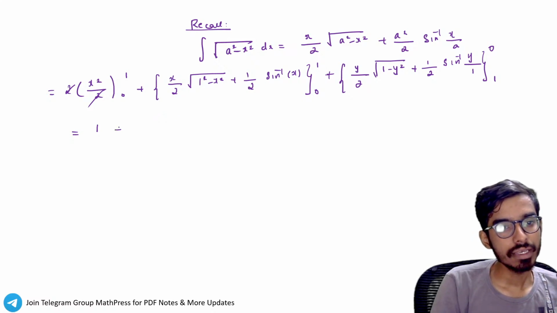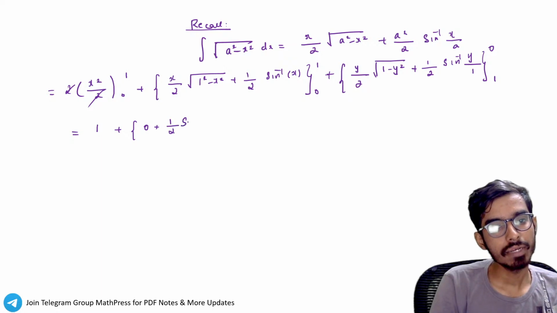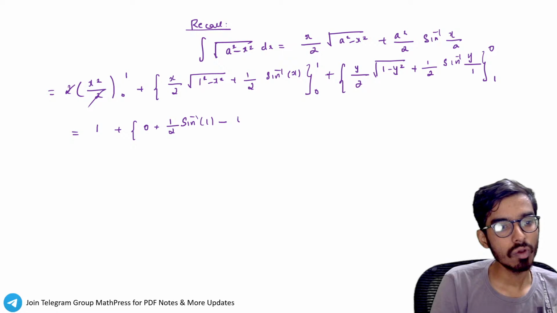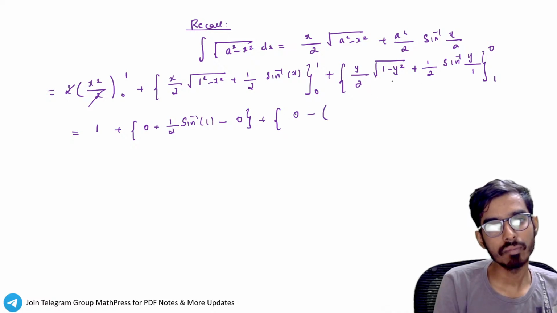Okay. So here, when you put upper limit, this will be 0 plus 1 by 2 sine inverse of 1. This will be upper limit minus lower limit will be 0, right? Because 0 into something is 0, sine inverse of 0 is 0. And similarly, we put upper limit. So upper limit is 0 minus lower limit. So lower limit is 0 plus 1 by 2 into sine inverse of 1.